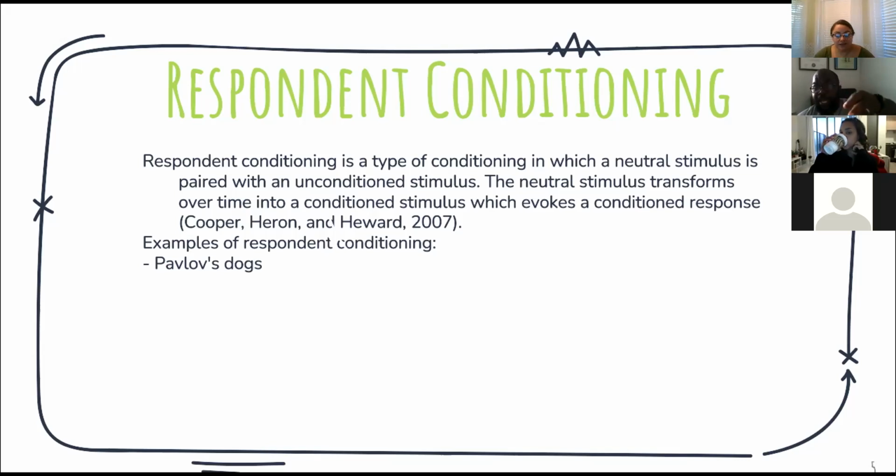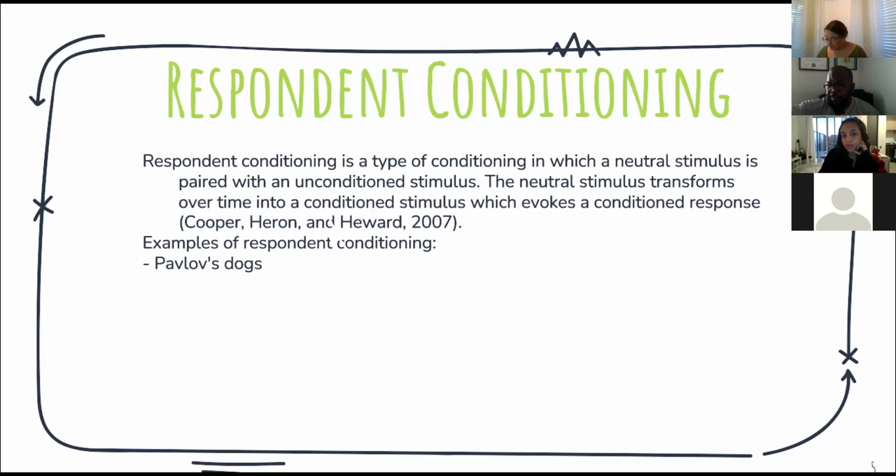If you ring the bell without pairing it with an unconditioned stimulus, the bell will not have an effect on the dog. So unconditioned stimulus is something that is within you, something you produce within you, while natural stimulus is an external factor.